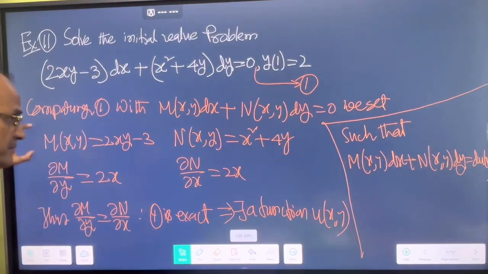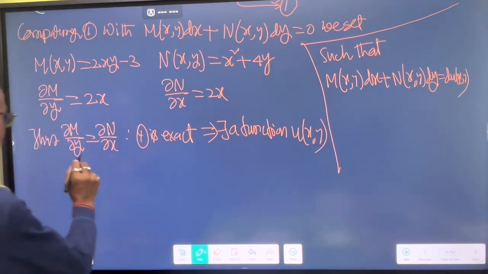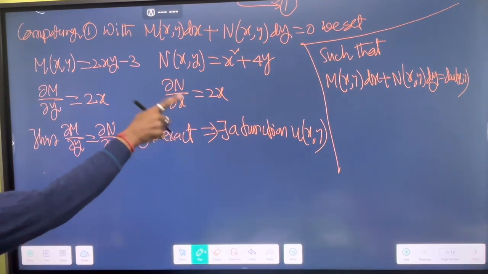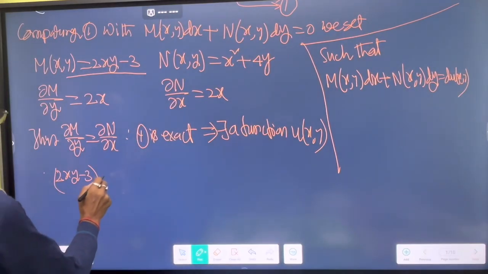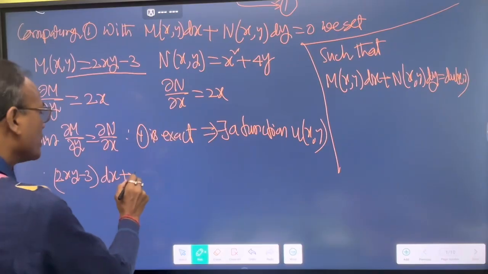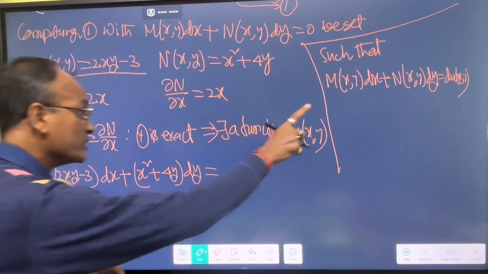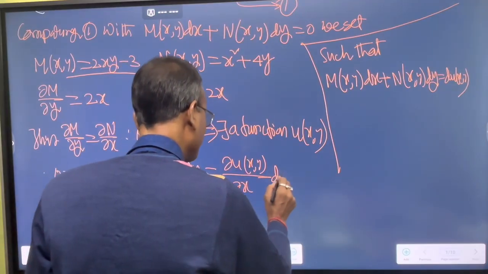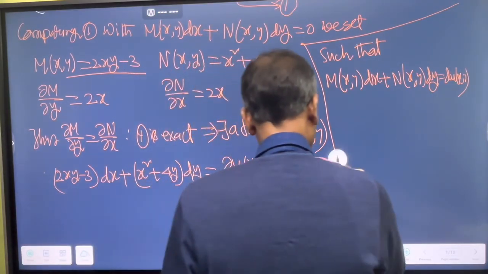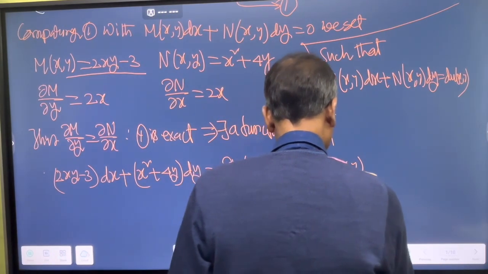Now, let me write here. What is M? Twice xy minus 3, dx, plus x square plus 4y, dy, equal to du. This means del u by del x dx plus del u by del y dy.